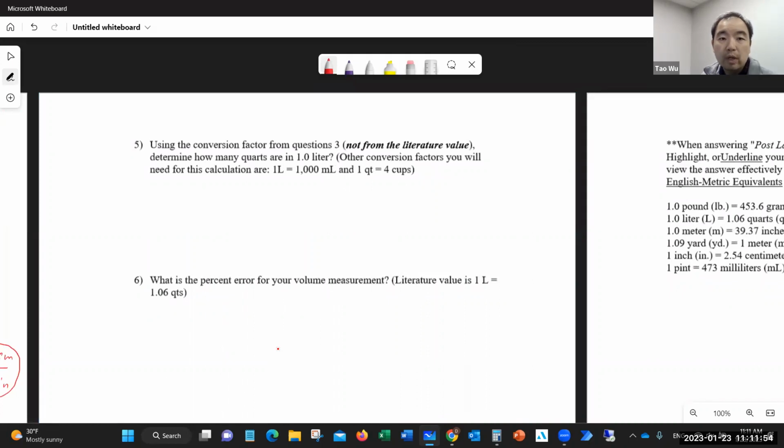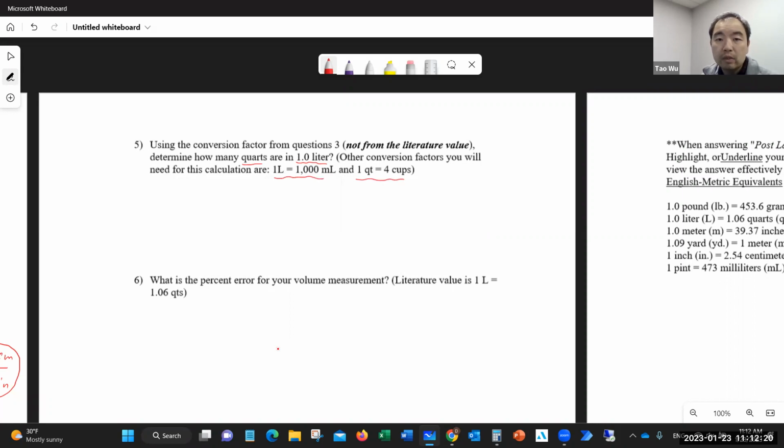And we try to figure out, if we have 1.0 liter, how many quarts we have. So in this case, you're going to have several different conversion factors. One is 1 liter equal to 1,000 milliliter. This is by definition. Another one is 1 quart equal to 4 cups.